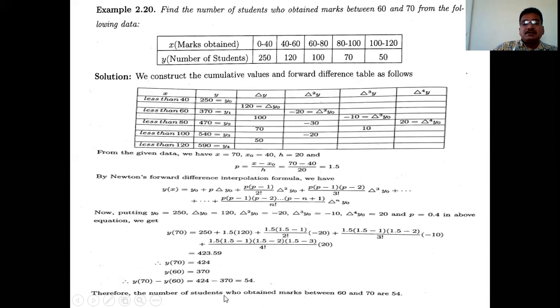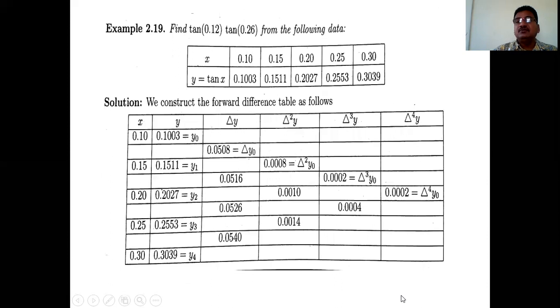So 54 students obtain marks between 60 and 70. In the next lecture we will see further problems on the same formula, Newton's forward, Newton's backward, and Lagrange's interpolation formula.